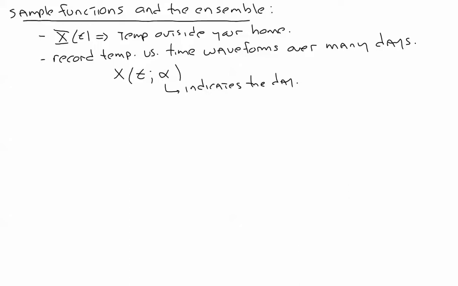Let's make that a parameter alpha, and alpha somehow indicates the day when we recorded the temperature. All right, there'll be many. This thing, little x as a function of time, is known as a sample function.